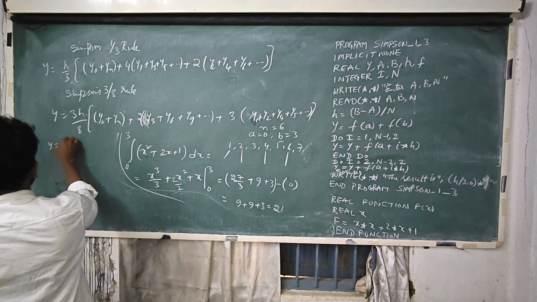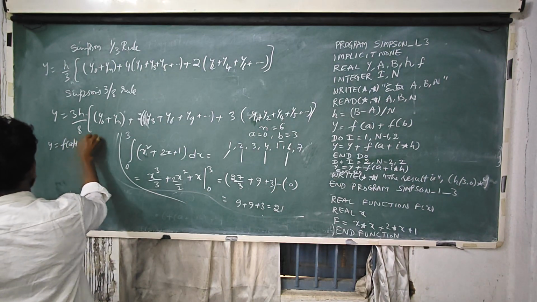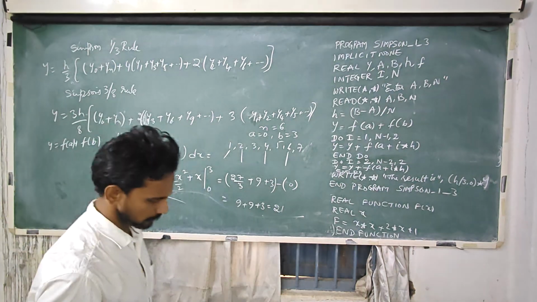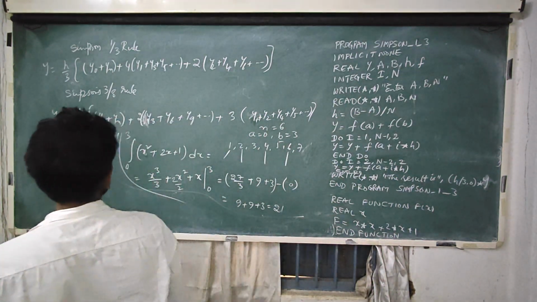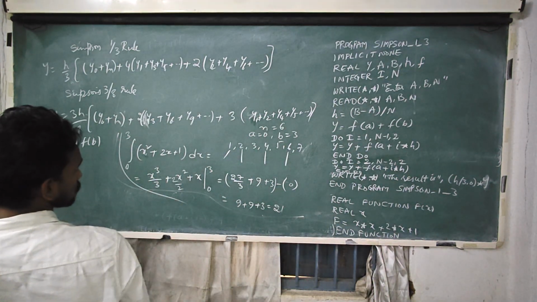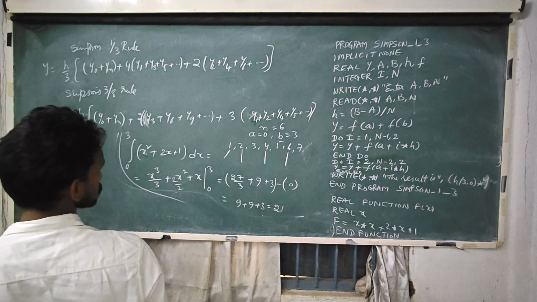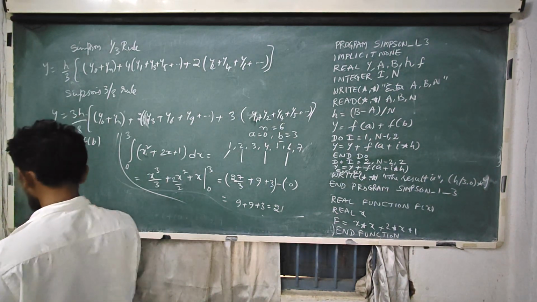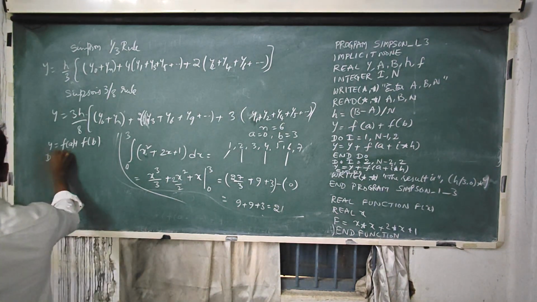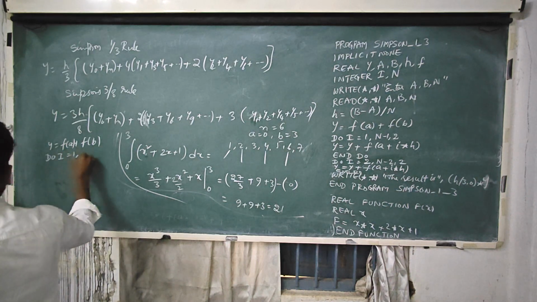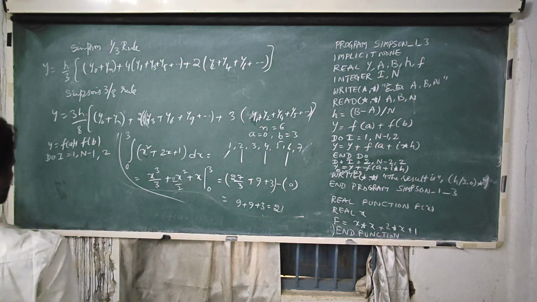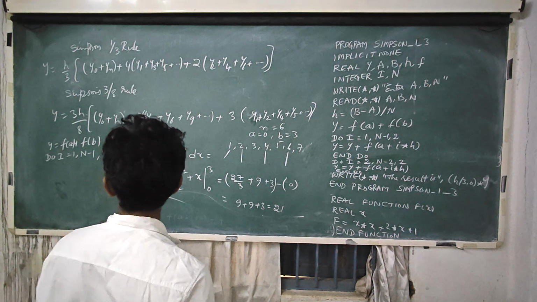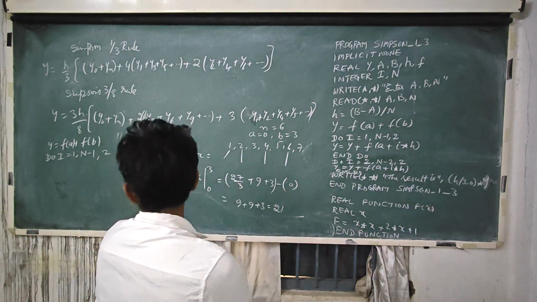So y is equal to f of a plus f of b, initial step. Then do I is equal to 1 to n minus 1 with the step size of 2.